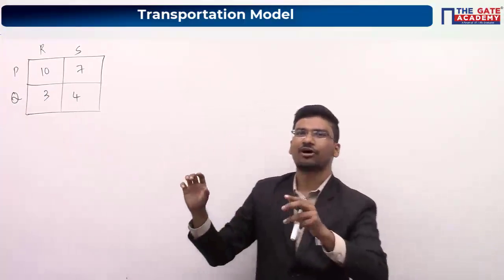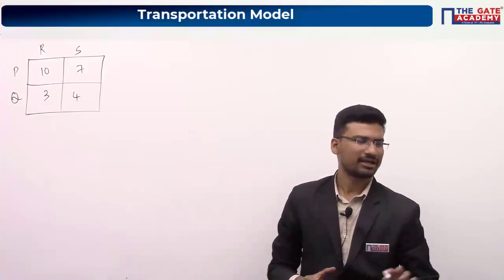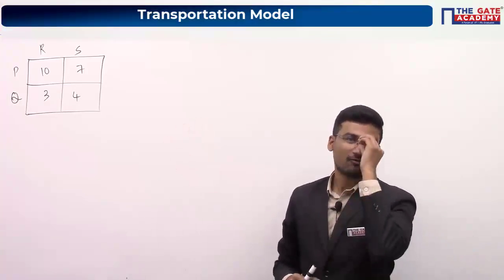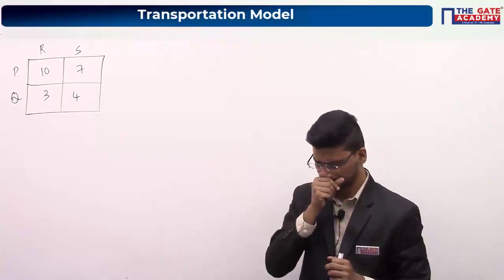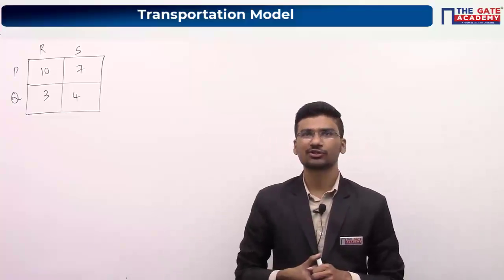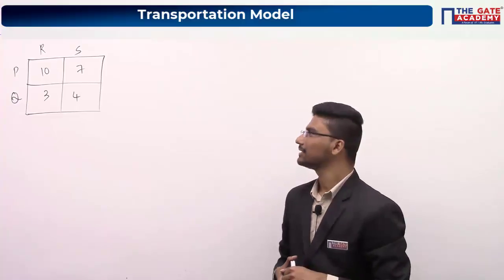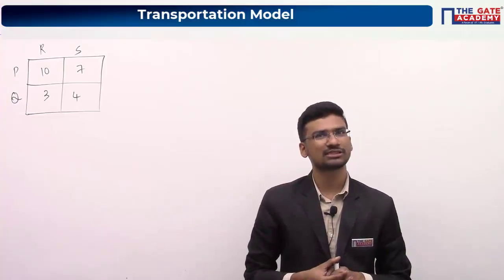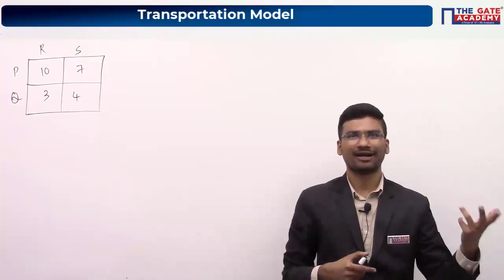Now you just tell me what your sources and what your destinations are. By just reading the question, what are your sources and what are your destinations here? Whether P, Q are sources or destinations. P and Q are your factories, right?